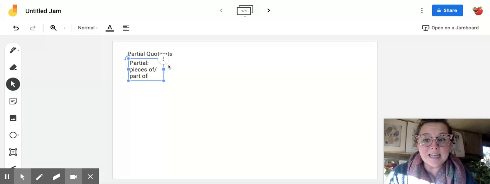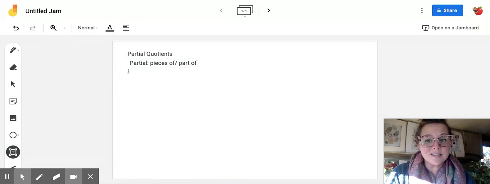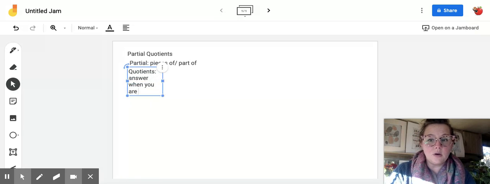It actually has that word part of in it. Now, what does quotients mean? Quotients is the answer when you are dividing. Okay, so that's what a quotient is. It's the answer when you are dividing.